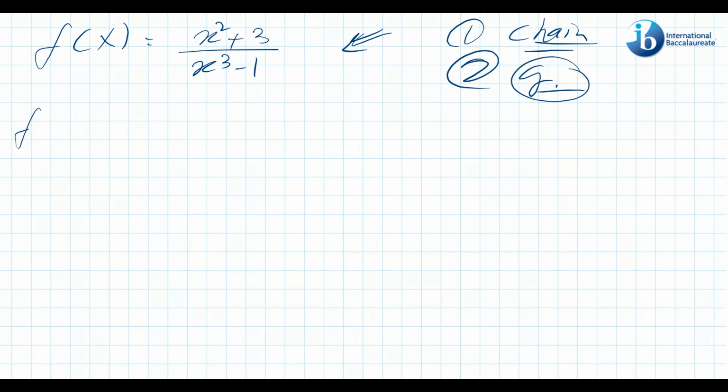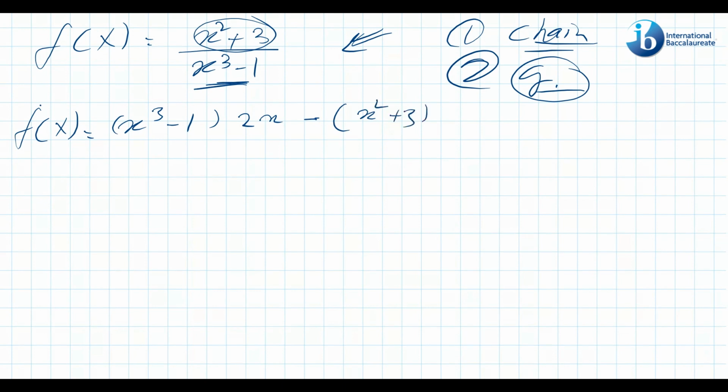f dash of x equals the denominator as it is, x cubed minus 1, times the derivative of the numerator, which is 2x, minus the numerator, x squared plus 3, times the derivative of the denominator, which is 3x squared, divided by x cubed minus 1, just square the denominator.